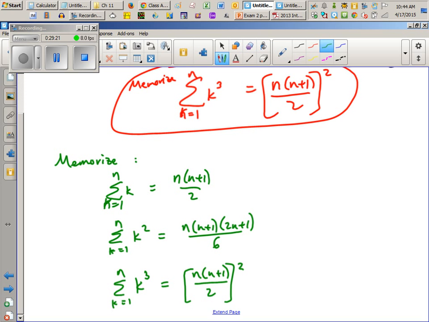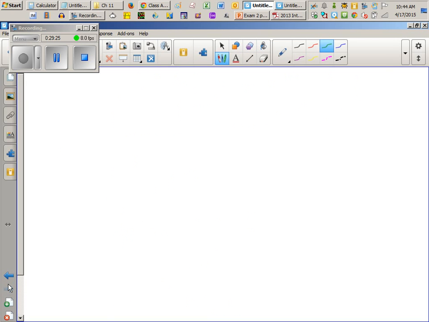Okay, so now it's time to play around with sigmas. So this segues into the next thing, manipulating a sigma. So the first thing I want to do is have you solve this problem, or we can discuss it, and you'll get something like this in the homework tonight, your last assignment.